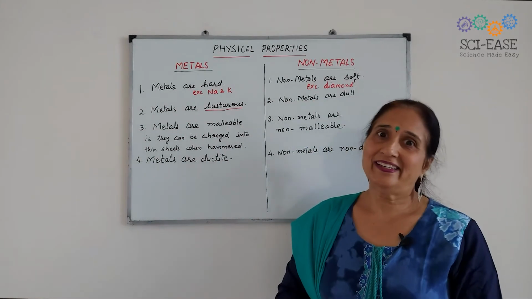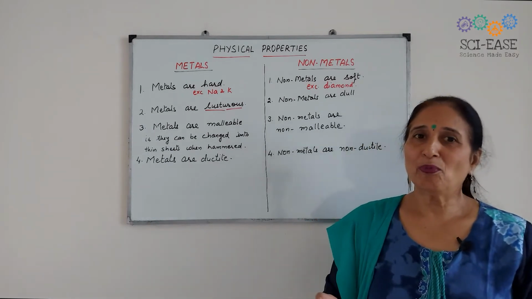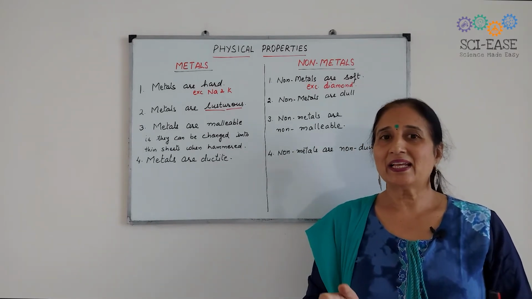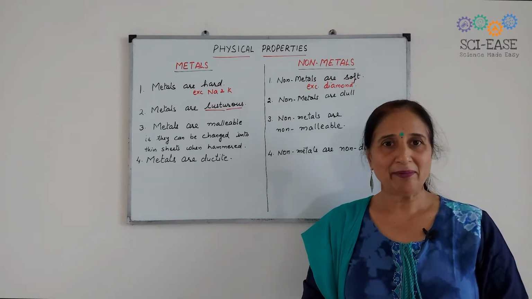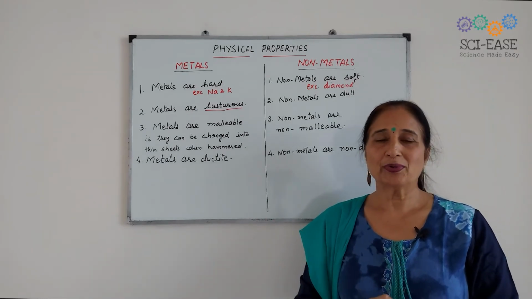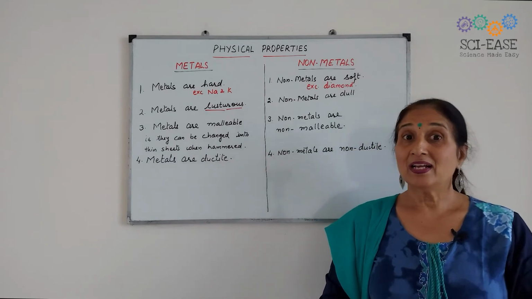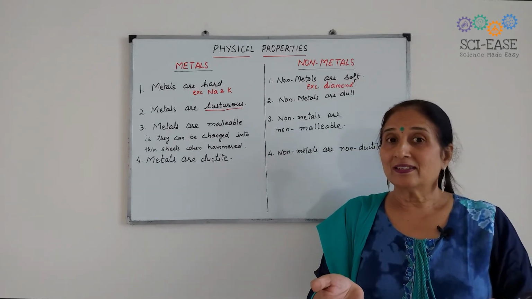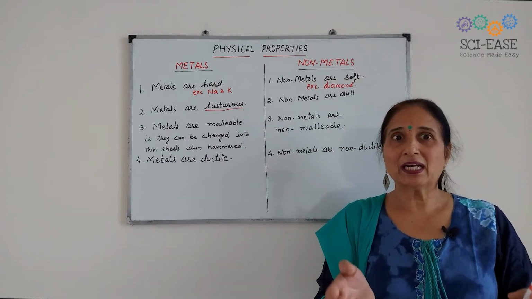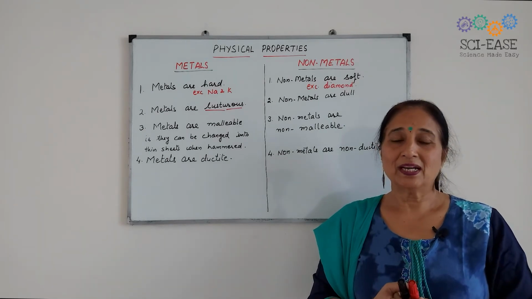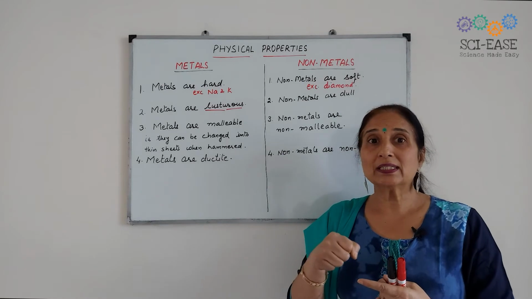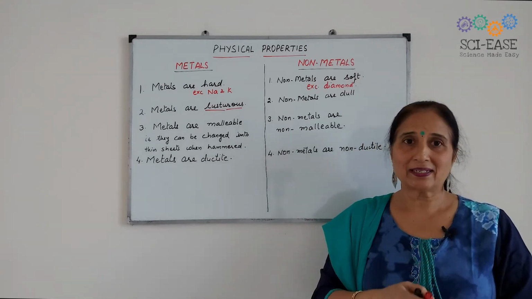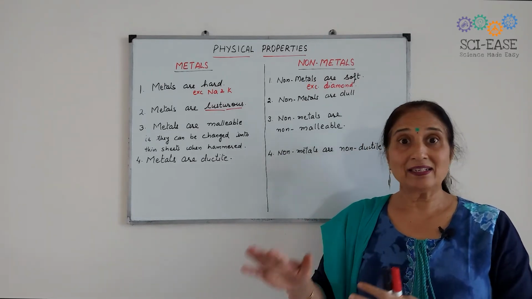Now next, your mom takes the pressure cooker and keeps it on the flame, the gas stove. The cooker will become hot. But you know that the handle of the cooker is made up of ebonite. That is not hot.